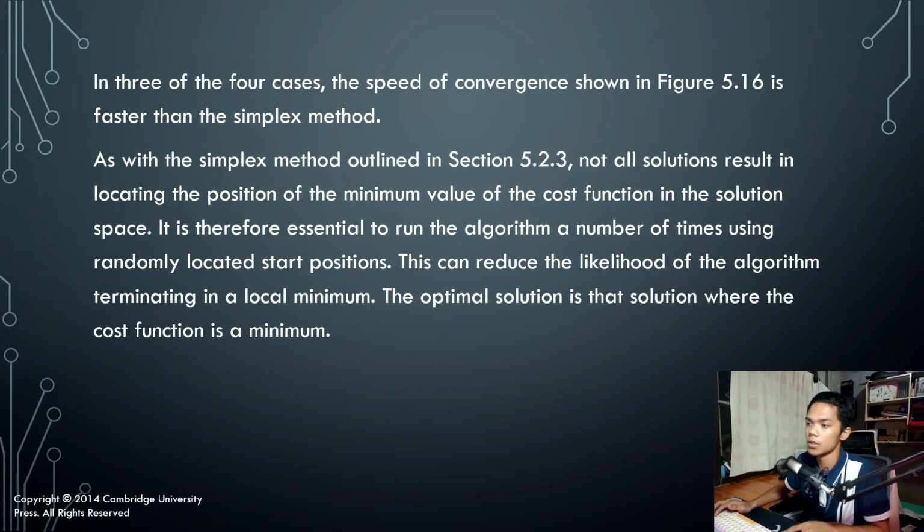It is therefore essential to run the algorithm a number of times using randomly located start positions. This can reduce the likelihood of the algorithm terminating in a local minimum. The optimal solution is that solution where the cost function is a minimum.